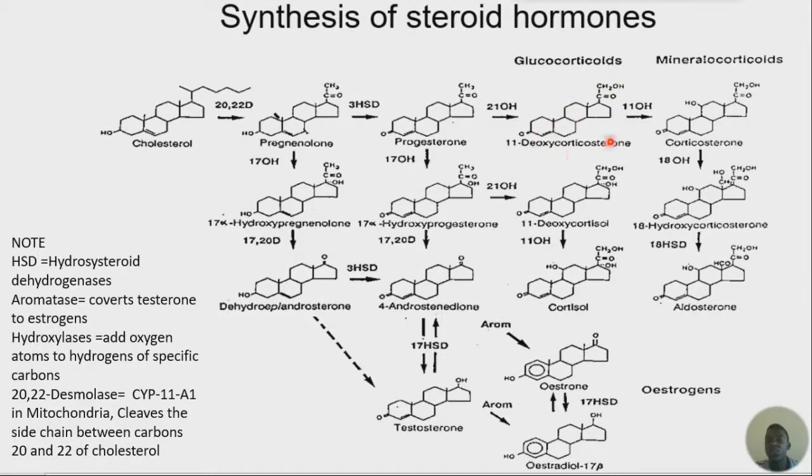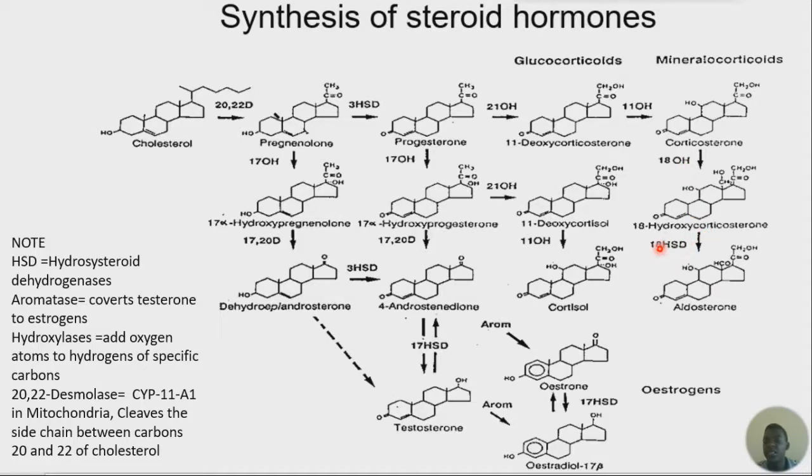So this is deoxycorticosterone. Now we have corticosterone formed by 11 hydroxylase, and that is adding O at carbon 11. Then we form hydroxycorticosterone by 18 hydroxylase.